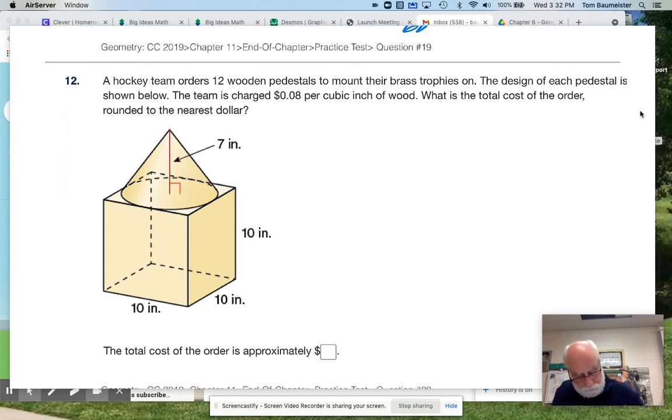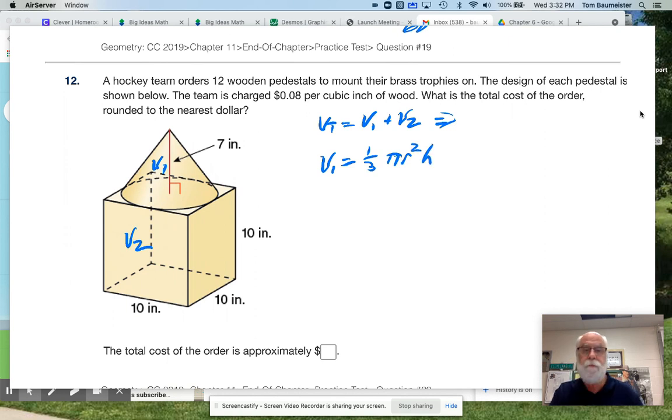So again, remember, we can say that V sub t is equal to V sub 1 plus V sub 2. Remember, V sub 1, the volume of a cone, is 1/3 pi r squared times h. On this one here, then we'll say it's 1/3 pi times our radius.